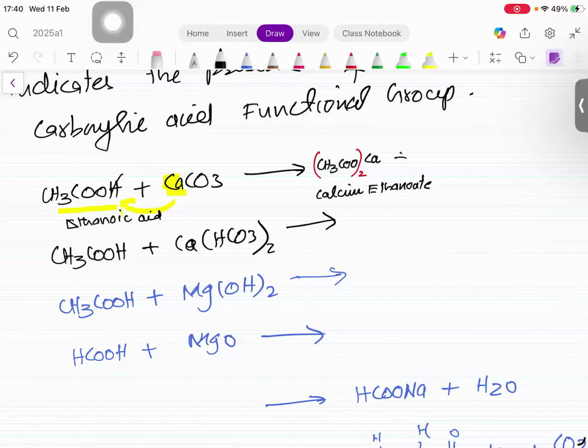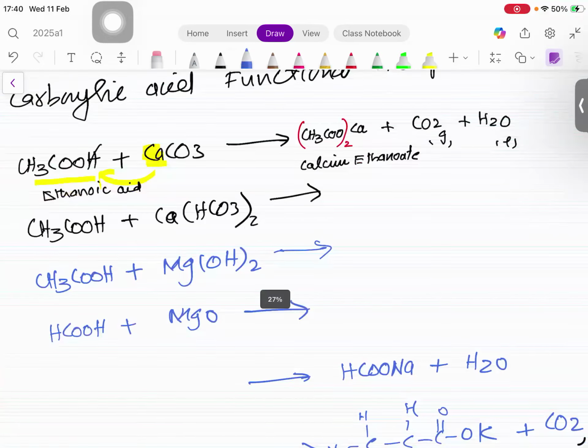The other products: carbon dioxide, because whenever there are carbonates, one product is always carbon dioxide, and the other is water, H2O. Okay, secondly, CH3COOH reacts with calcium hydrogen carbonate.